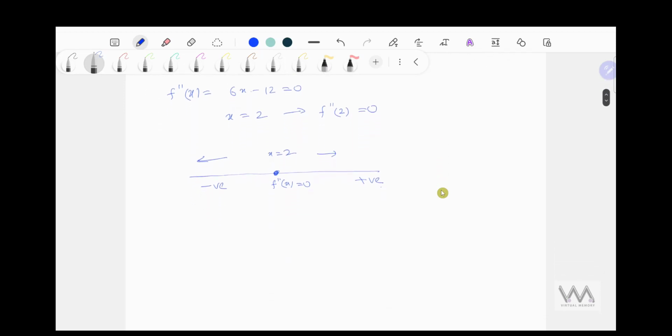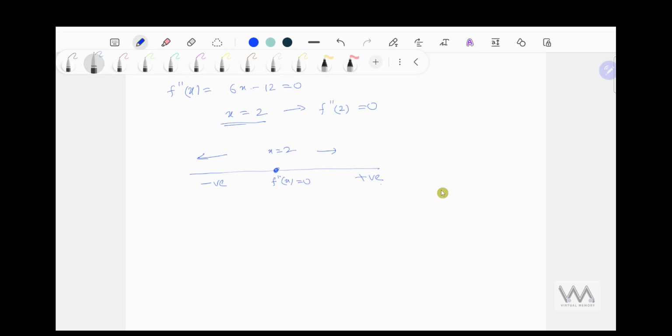So we will pick a number smaller than x equal 2 and larger than x equal 2. We will pick x equal 1 and x equal 3 and solve for the second derivative. The second derivative at 1 gives us minus 6. So as you can see, this is negative.